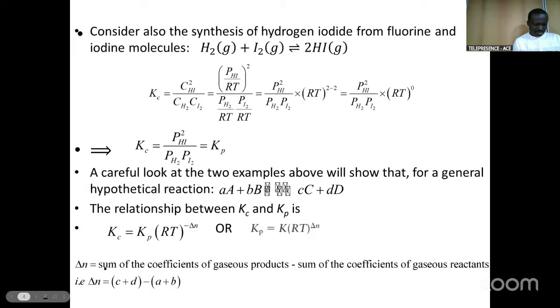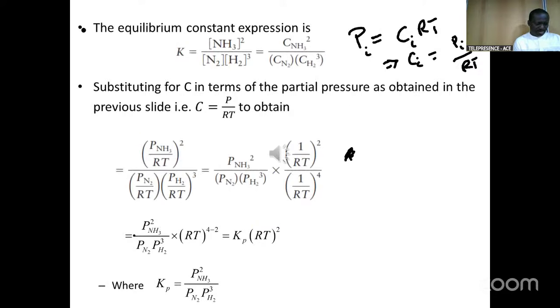So whenever we see concentration in this equilibrium expression, let's put Pi over RT there.